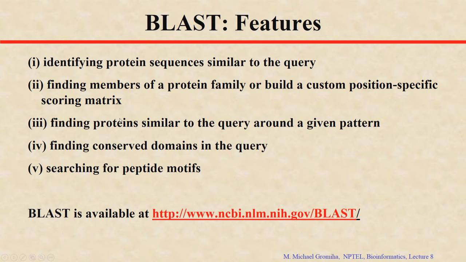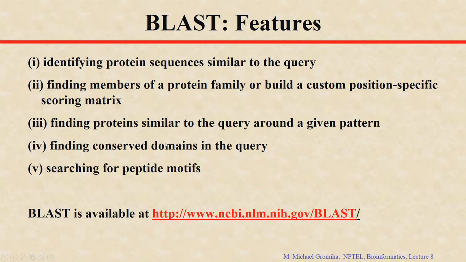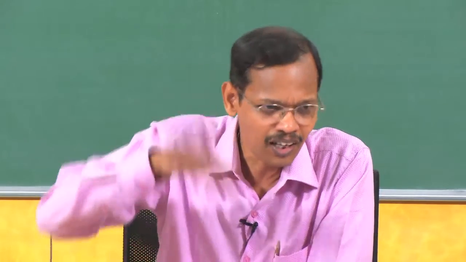Then you can identify some patterns. If there are any patterns in your query with the available sequences, you can identify the patterns or the motifs in your query. Then also you can see any conserved domains, any regions of the sequence which are similar in all the sequences.